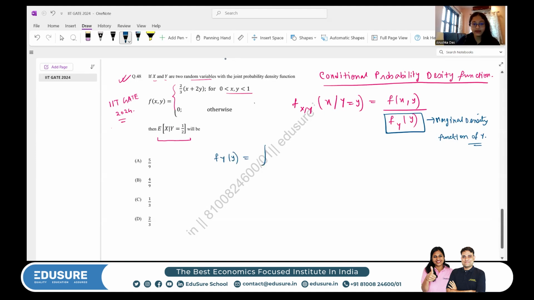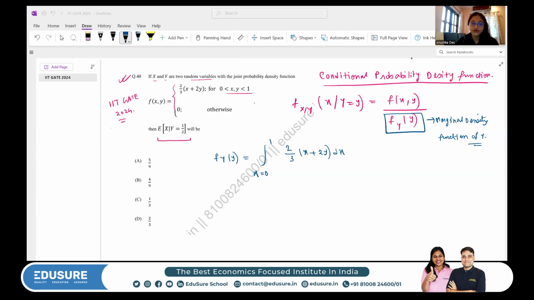In order to find the marginal of y, you have to use the range for x. So x is from 0 to 1, and then you have this joint probability density. So you have to use the range of x, and then you are using the joint probability density dx.